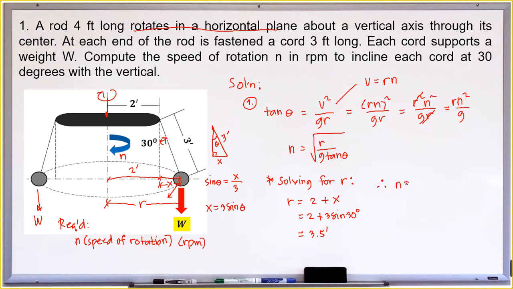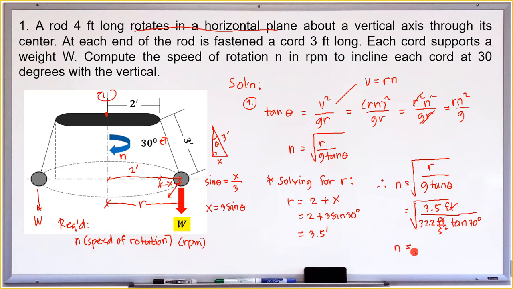So n is equal to the square root of 3.5, with the radius 3.5 feet divided by g, 32.2 feet per second squared, times tangent of 30 degrees. So the feet cancel.